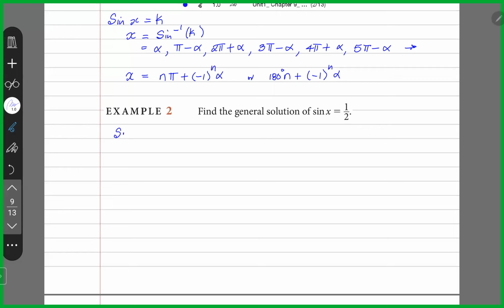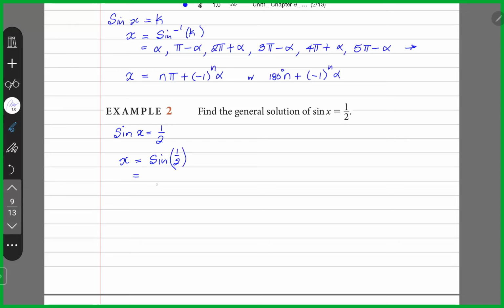Of course, there's an infinite number of solutions to sine x is equal to a half, and so we can't list all the solutions. We can only list a general solution. So if I know the sine of an angle, to find the angle, I'm going to use sine inverse. So the angle x is sine inverse a half.